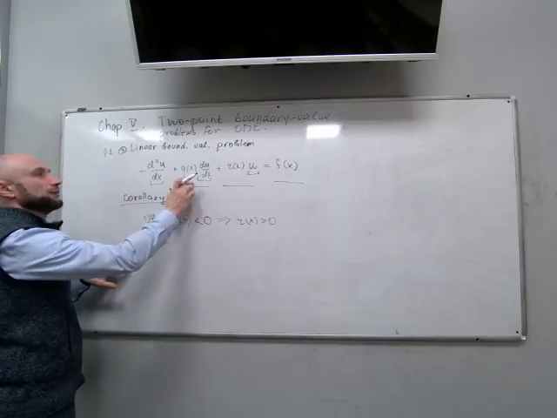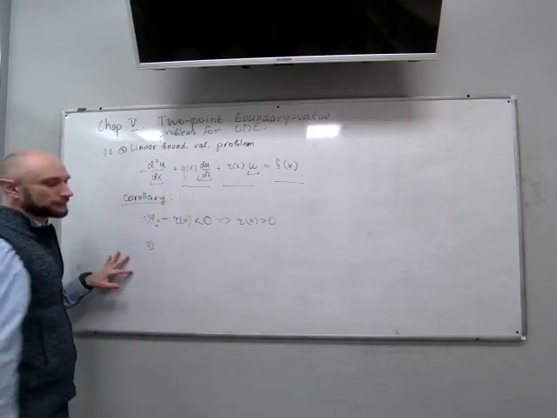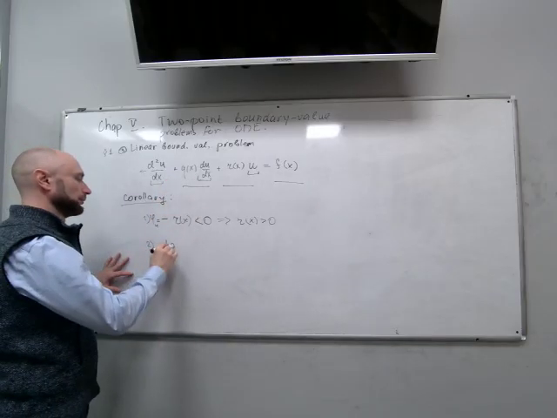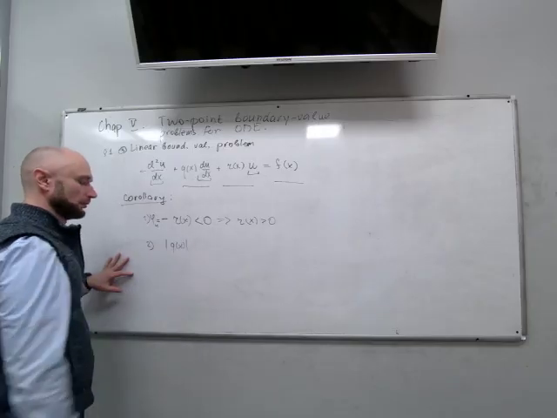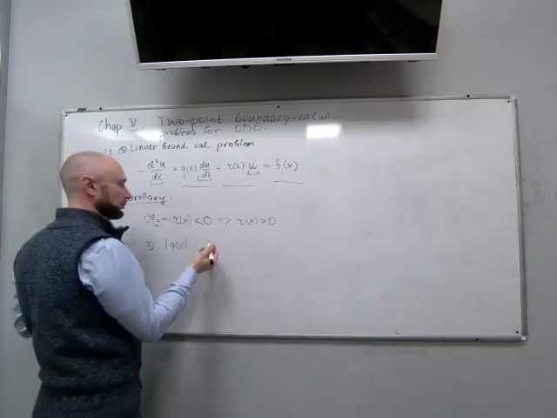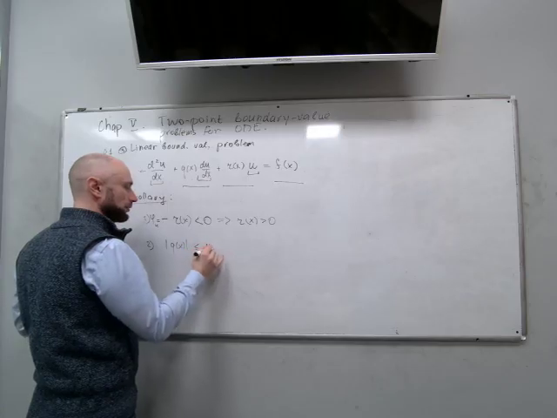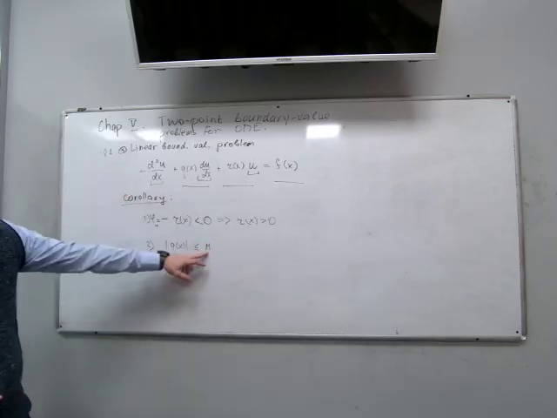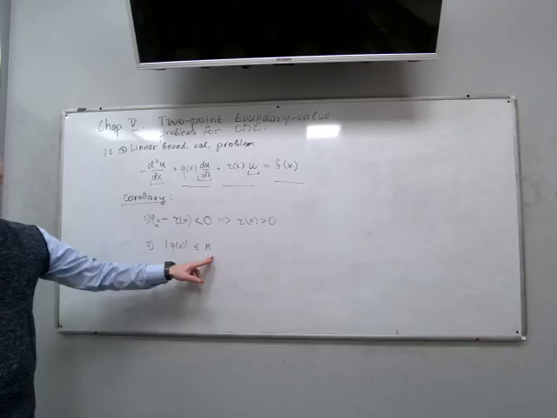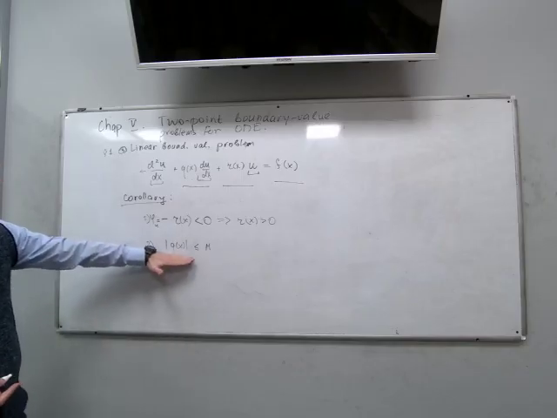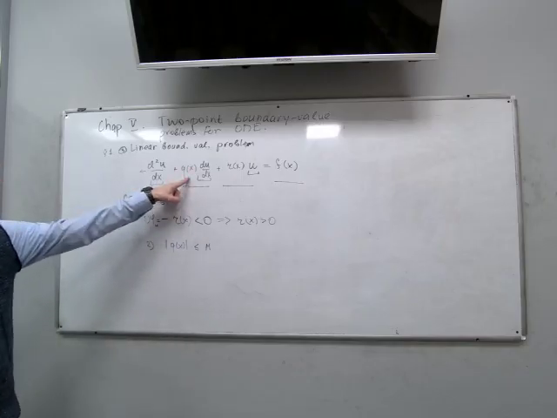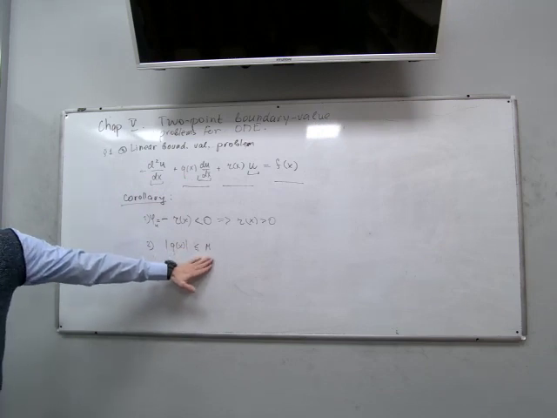So, do we have any condition on this term? The absolute value of q of x is less than m. There should exist some constant m, such that the absolute value of this function does not exceed this constant.